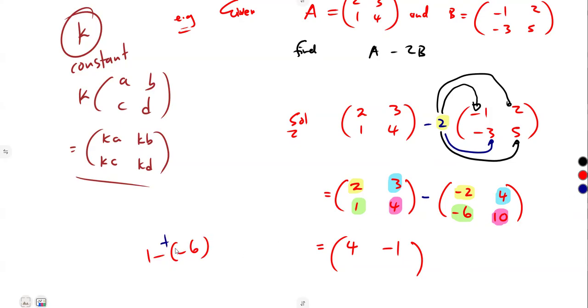Negative, negative, a positive. 1 plus 6 is 7. Then we move on to the last element, 4 minus 10. That's simply 10 minus 4, which is 6. Then you take the sign of the bigger number, so that's a negative 6 at the end.